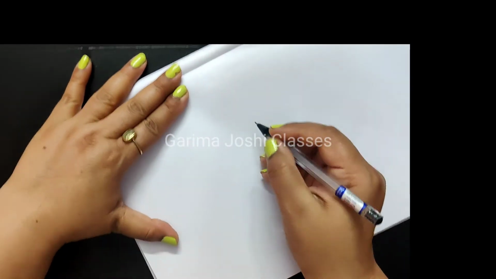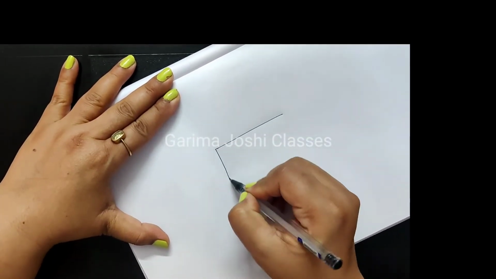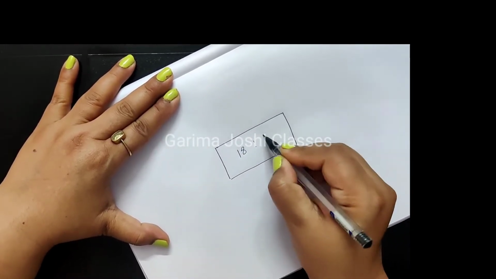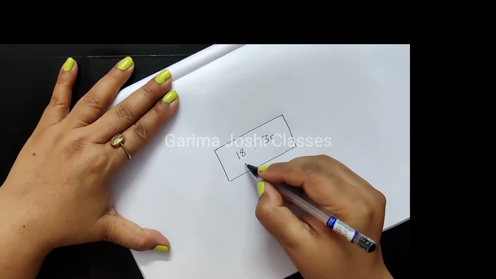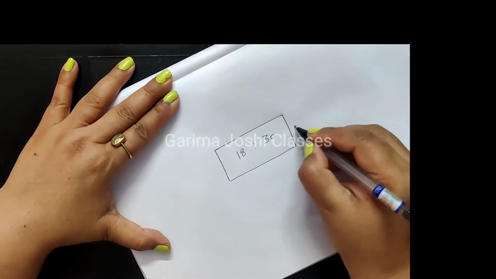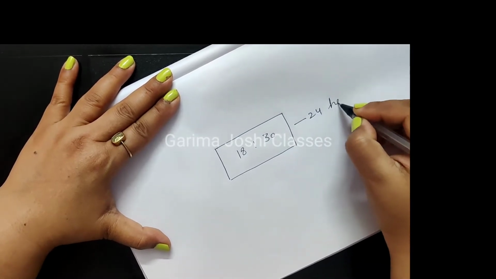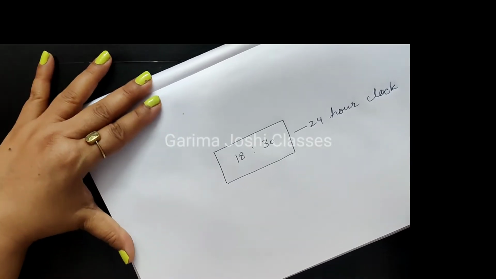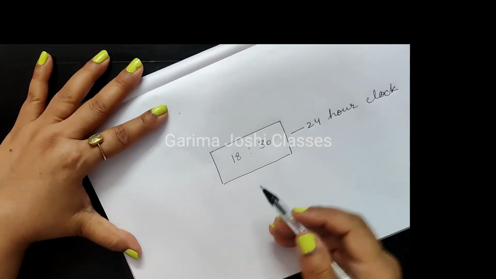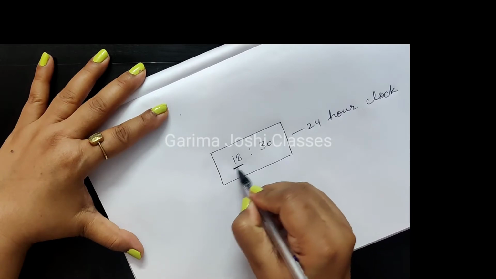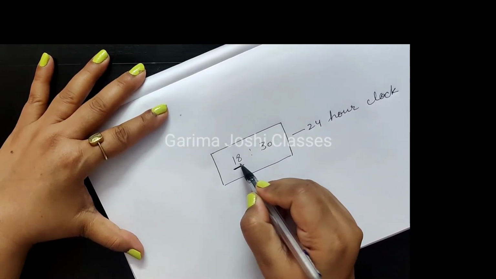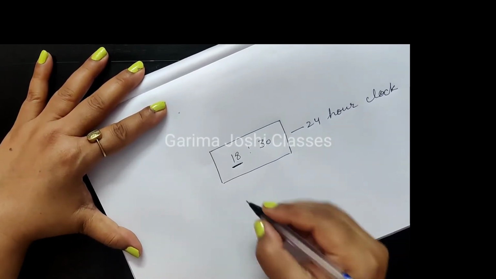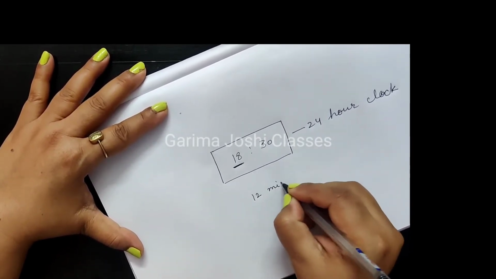When Mohini was seeing 18:30 hours, that means it is a 24-hour clock. How do we know that it is a 24-hour clock? Because this digit is more than 12. We know that 24-hour clock does not reset at 12 midday.